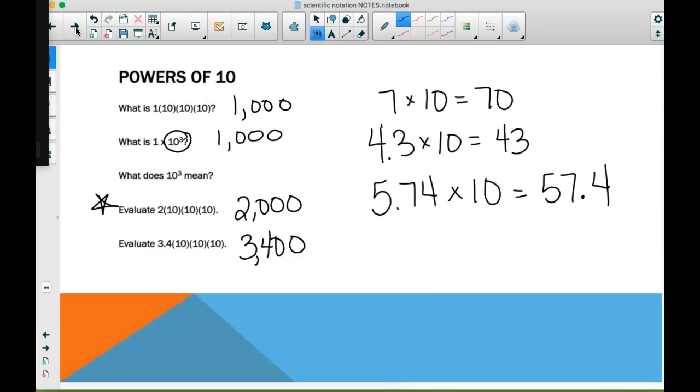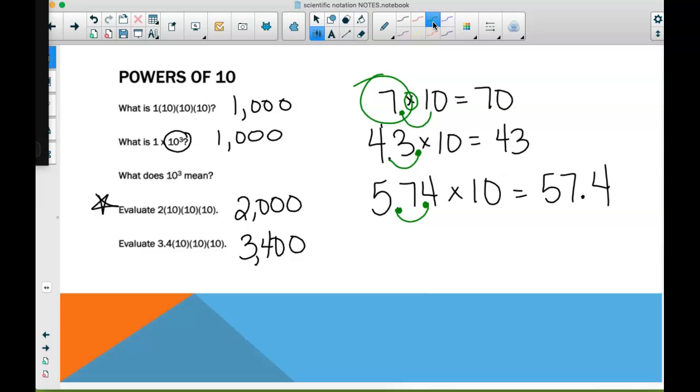When you multiply a number by 10, you just move the decimal. 4.3 times 10, I moved the decimal over 1. 5.74 times 10, I moved the decimal. I did the same here. 7 times 10, I moved the decimal, but the decimal right now is at the end. So when I moved it, I had to add a 0 in there. So when you multiply a number by 10, you're just moving the decimal over 1. You're moving it to the right.